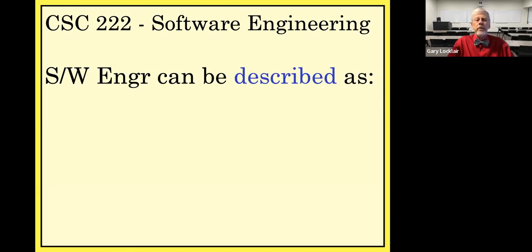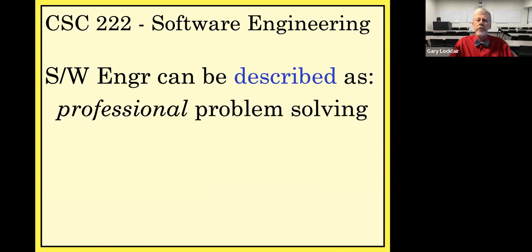Another way we've thought about software engineering is to give a description. We have defined software engineering as professional problem solving. Early on, I shared with you some aspects of professionalism, and I'm going to continue to do that. One of the reasons for the C and CS assignments is so you can think about the concept of professionalism.